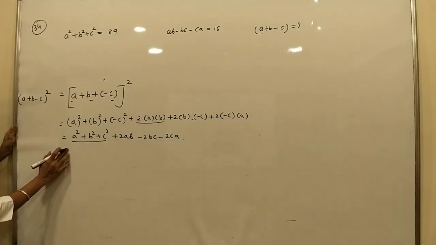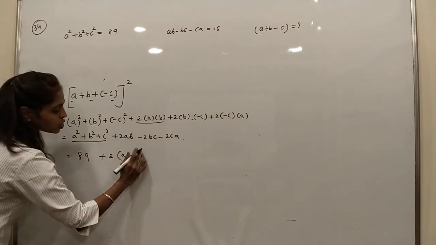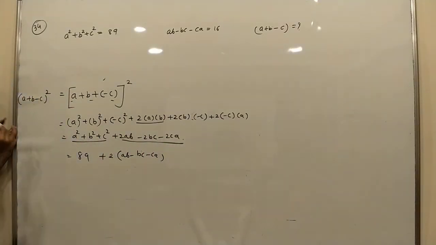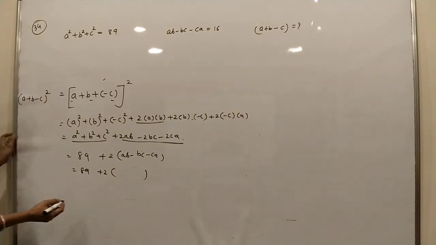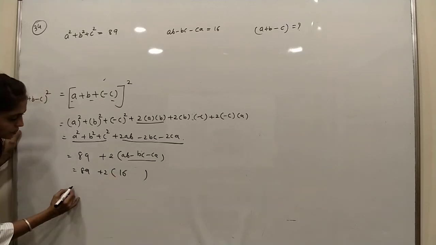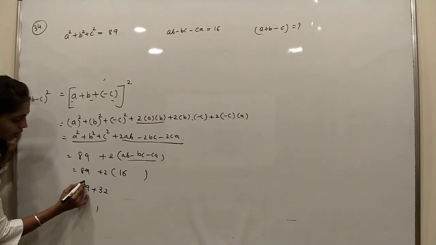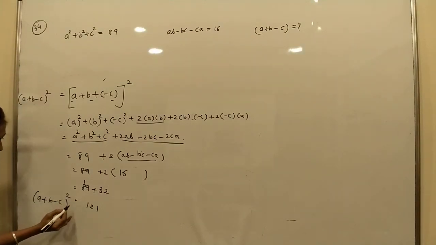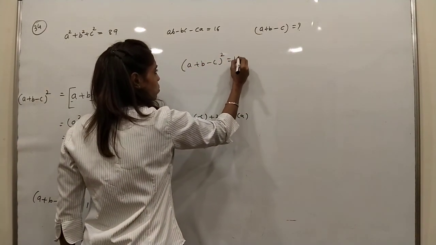Now a square plus b square plus c square is 89, plus 2 common from all the 3 last terms, ab minus bc minus ca, the value is 16, this value is given. 89 plus 32 is 121, that is a plus b minus c, the whole square is 121.